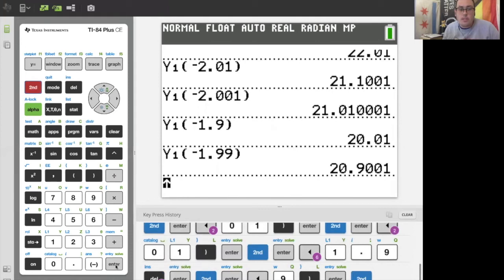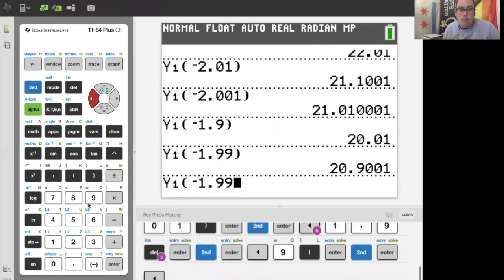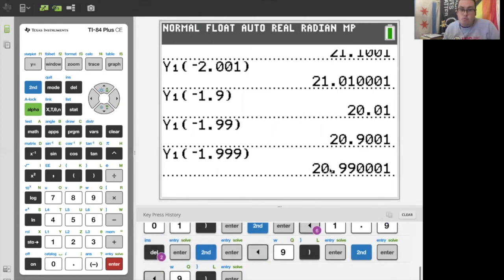Let's do this one more time. -1.999. Close those parentheses. Hey, that is really, really close to 21 as well. So I'm thinking here that the limit is going to be 21. And we're going to jump back to our worksheets to fill in that table and find that actual value. But this is a nice little calculator trick to get those decimal places as well.